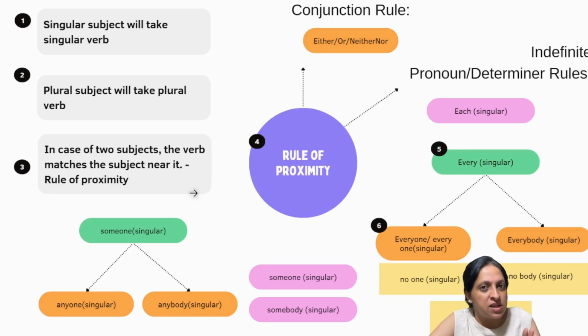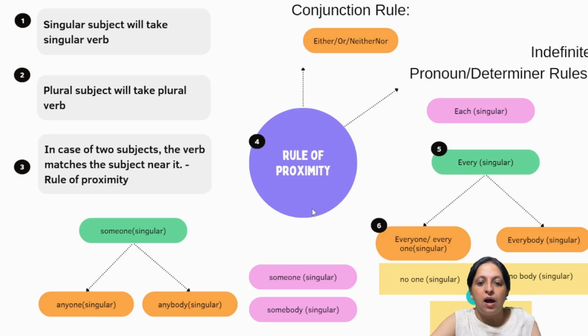They're considered singular subjects. They will take singular verbs. But along with that, if we put in a conjunction, we add more subjects and one of the subjects is plural, then definitely we have to take a plural verb. Okay. Now, only this one is an exception. That is none.